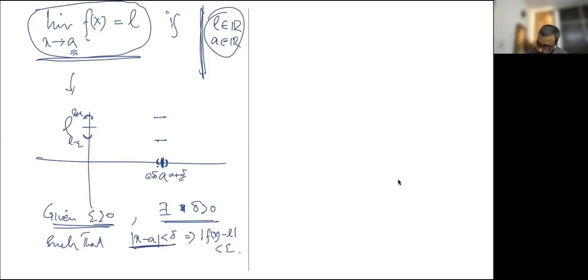So this condition, you modify it slightly. So this should imply this. So at the point A, what happens? You don't care.